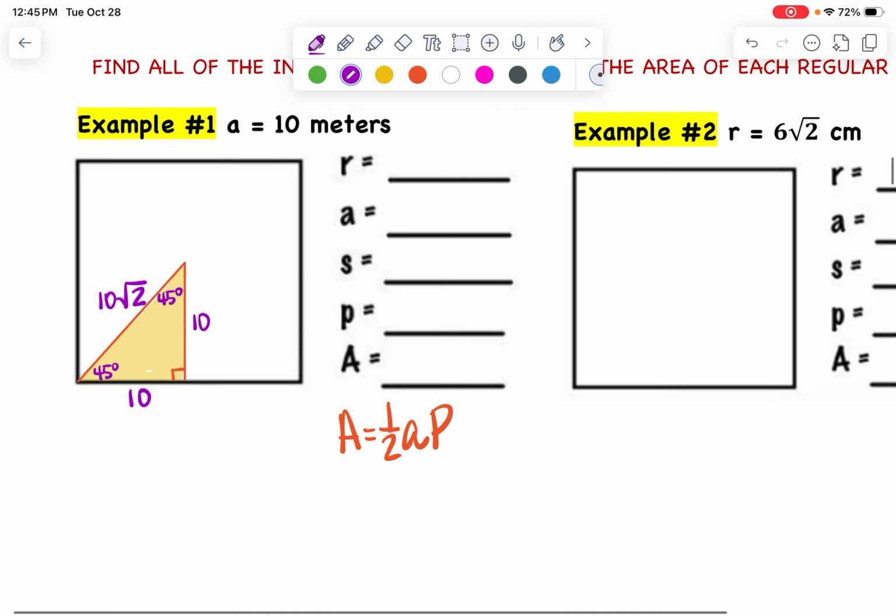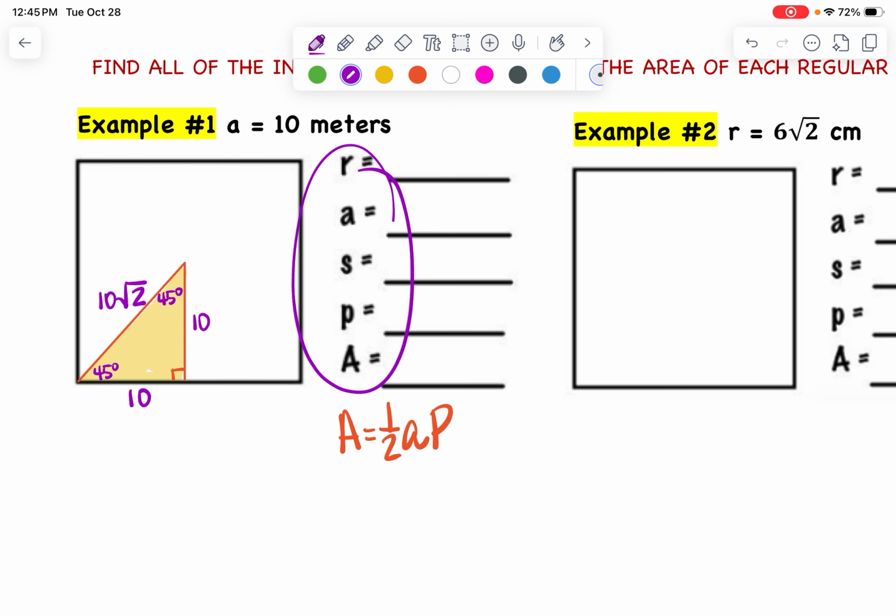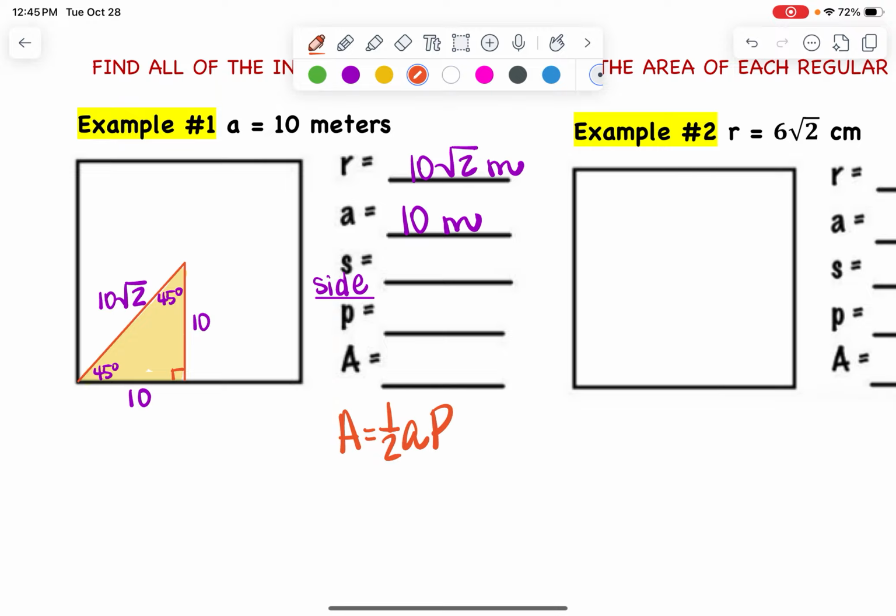All right, well, that allows me to go write in all of this stuff they want me to find. So the radius, 10 root 2 meters. Make sure you put a label on it. The apothem is 10. That was given to me. S stands for side length, by the way, right? Well, I don't really know the side length, but I do know half the side is 10, which of course means the other half is 10, right?